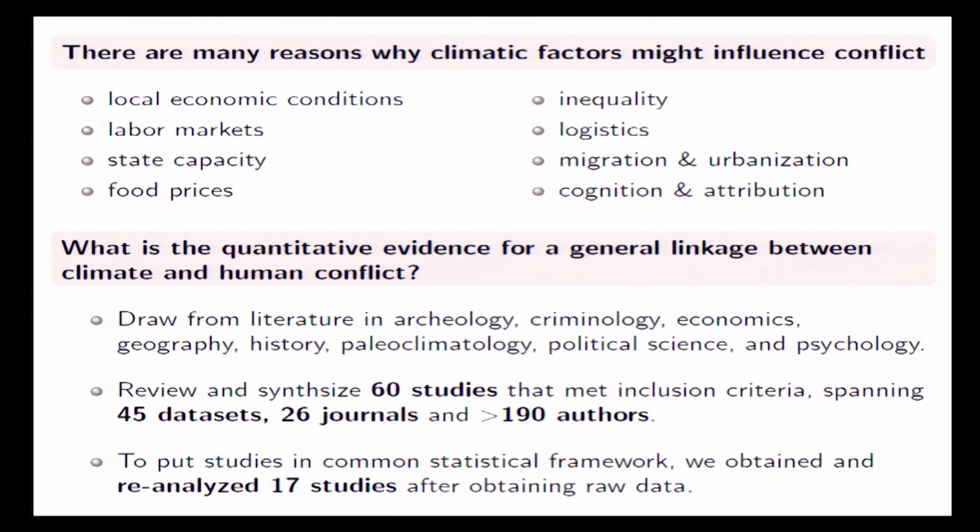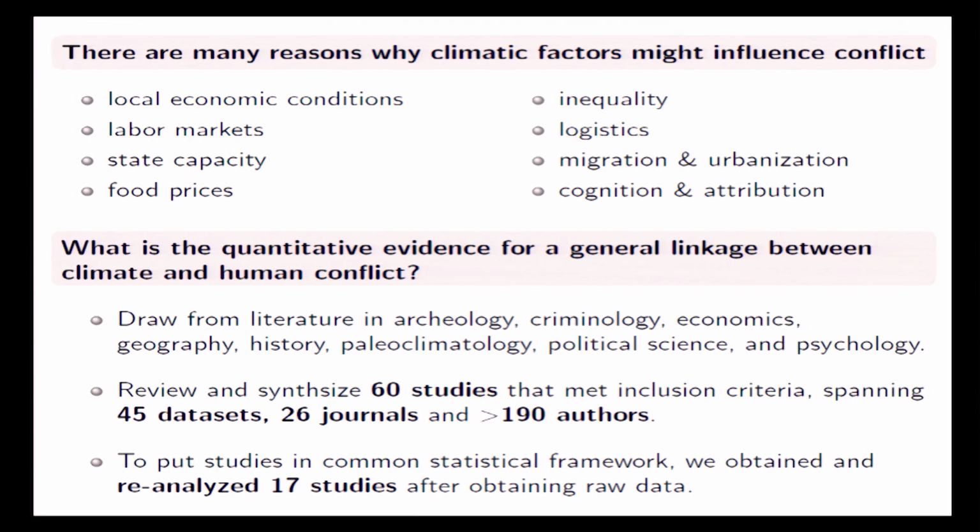And then finally, there's a really large literature, I'll show you briefly, from psychology, where we see that people actually change the way they think based on their environmental conditions, and that can in some cases lead to violence. So we were tasked with examining to what extent is there systematic quantitative evidence that there is some sort of linkage between climatic conditions and interpersonal or intergroup conflict.